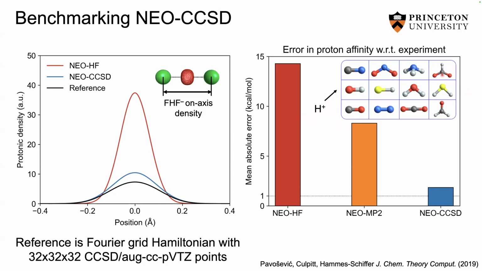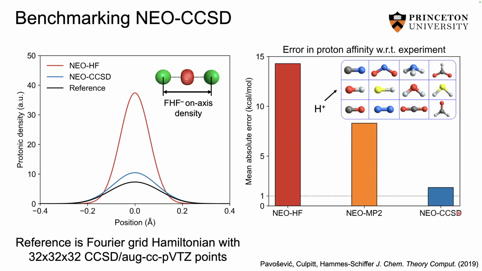So we compare for this set of 12 molecules the proton affinities, and compare to experiment from the literature. We see that NEO-Hartree-Fock theory is way off. It is more than 10 kcal per mole off in terms of mean absolute error compared to experiment, which means it's not actually capturing the quantitative zero-point energy correction of this quantum hydrogen. If we do something less than CCSD, like just a simple one-shot MP2 correction, it gets better, it gets closer, but it's still more than 5 kcal per mole off the mean absolute error.